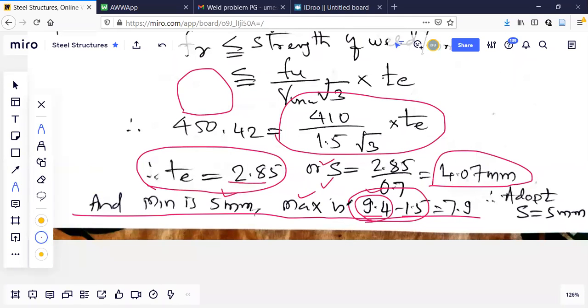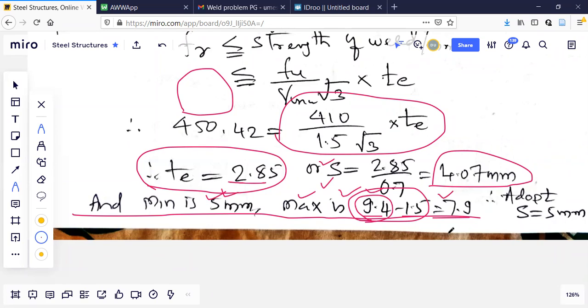The thinnest element thickness should be considered. In this problem, it is 9.4 minus the standard value of 1.5, which is 7.9. The meaning is that the size should be between a minimum of 5 mm and a maximum of 8 mm. If you look at the 7.9, we can say it is 8 mm. In between 5 to 8, the possibilities are 5, 6 and 8.